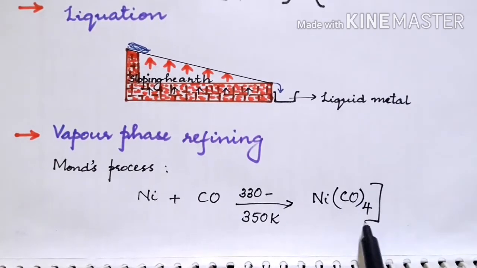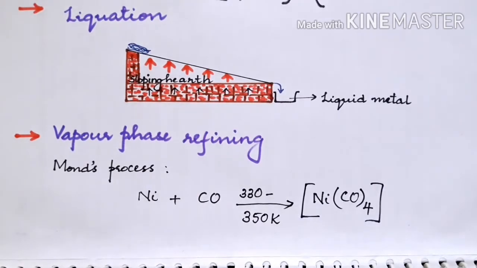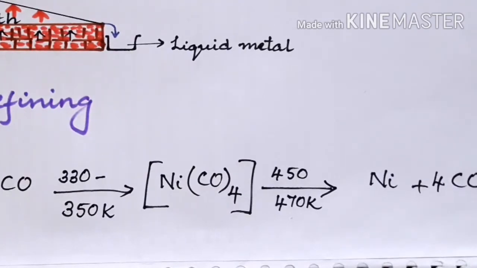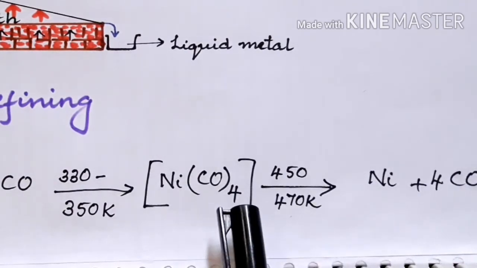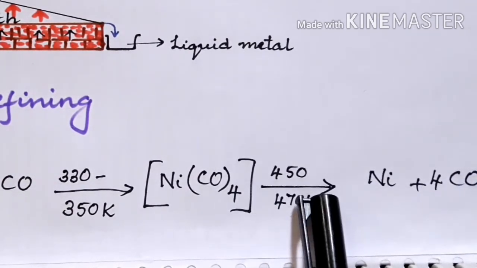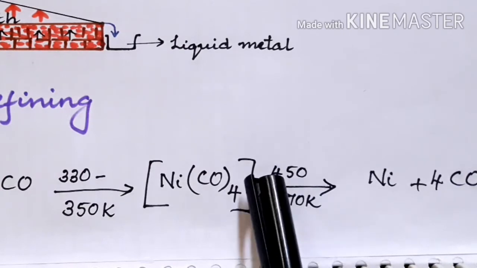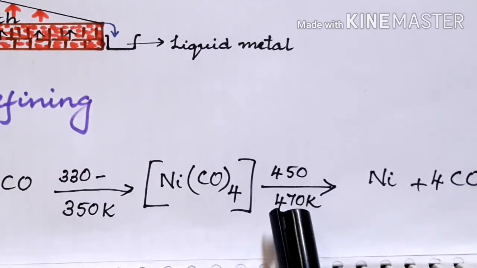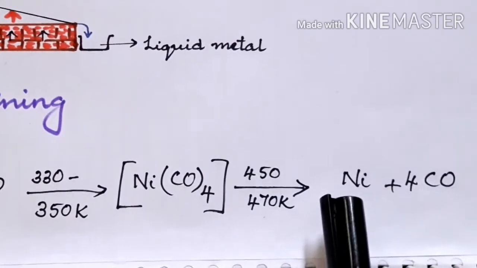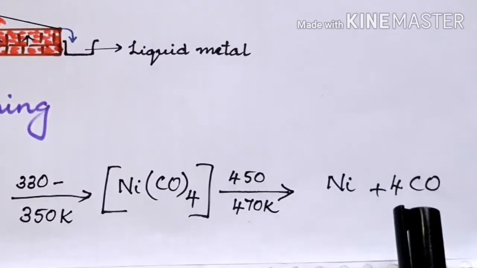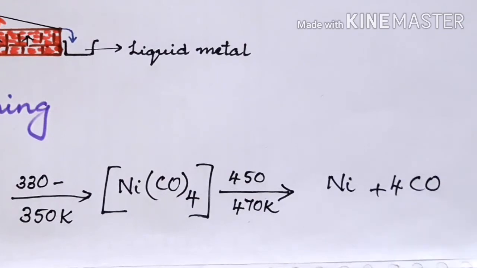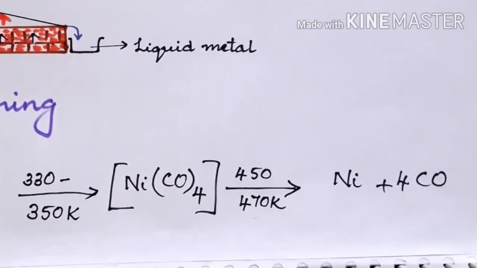This is a highly volatile complex. The tetracarbonyl nickel compound that is formed, on heating further at a higher temperature around 450 to 470 Kelvin, produces pure nickel releasing carbon monoxide. This carbon monoxide can again be used for the process.